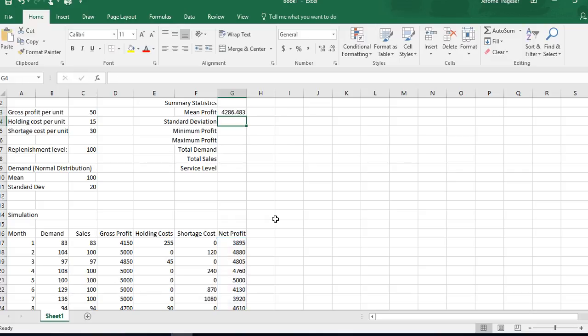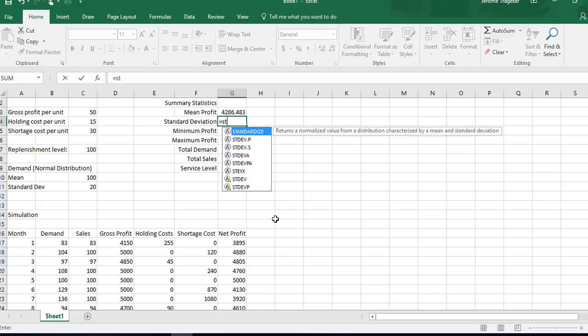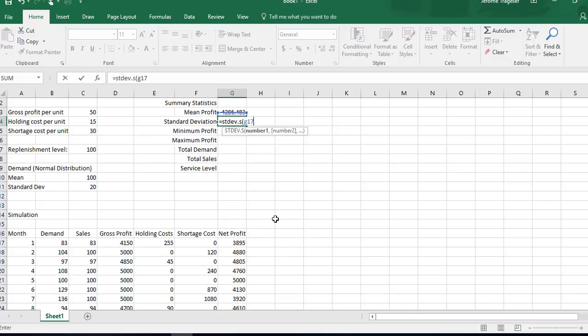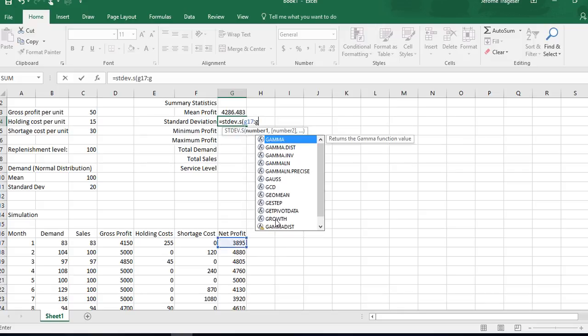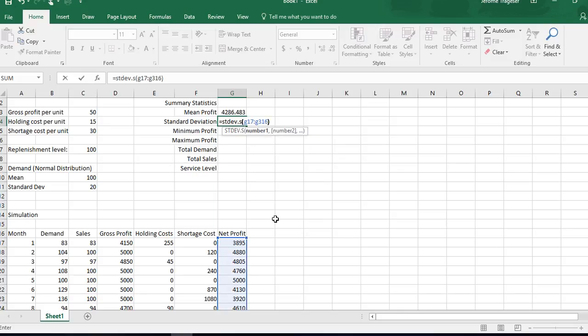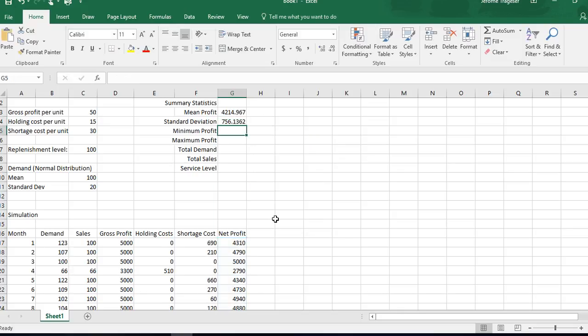Okay. And our standard deviation, remember like last example, we wanted the standard deviation of the sample. So equals standard deviation dot S, again of G17 all the way down to G316. Minimum profit, it's just a minimum function, equals min, same cell range, G17 to G316.